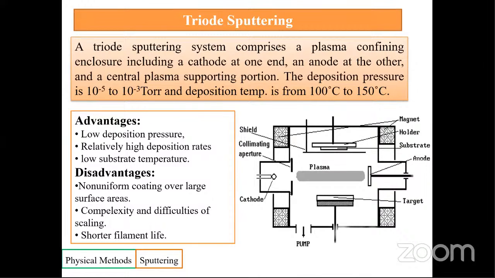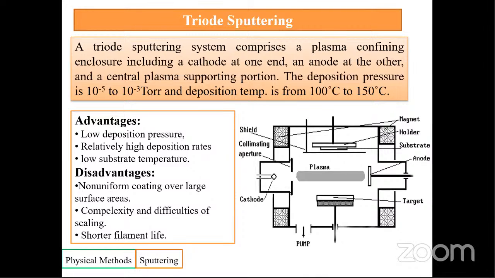The advantages of the triode sputtering system are that we need a low deposition pressure, a relatively high deposition rate can be achieved as compared to the DC sputtering system, and we can use a low substrate temperature. The disadvantage is that we get non-uniform coating over a large surface area.